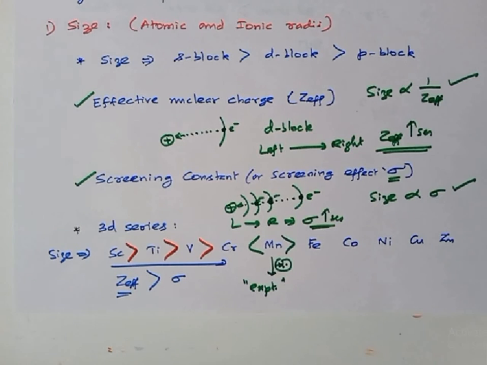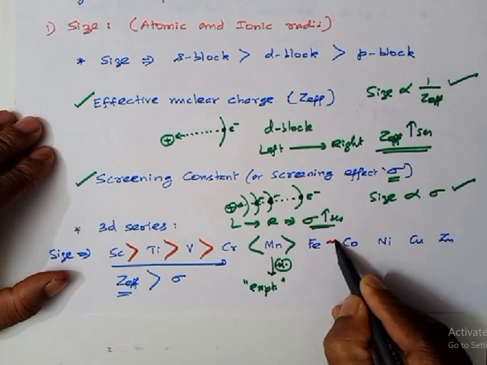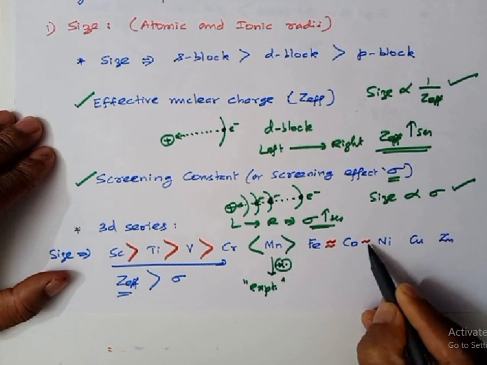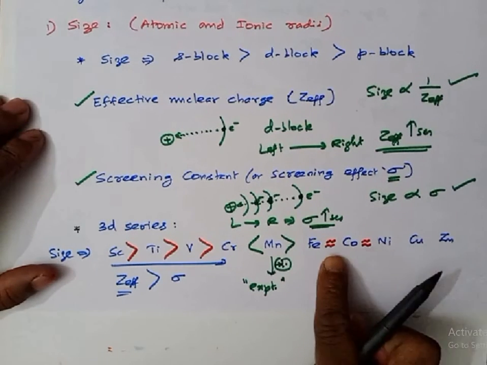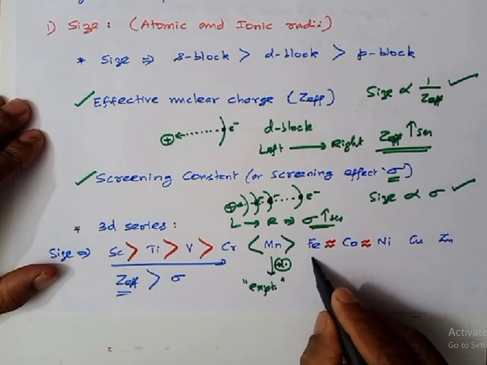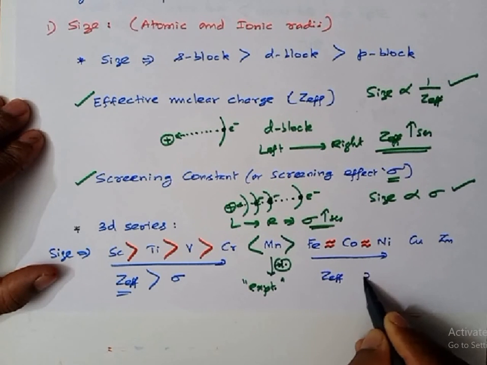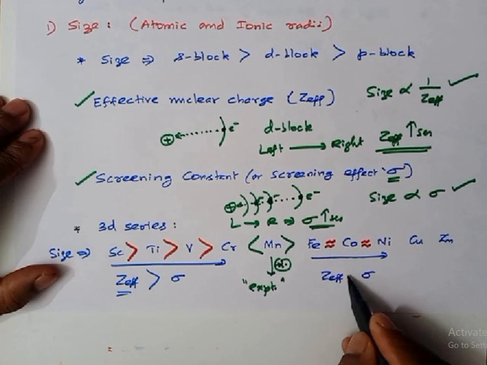After this, what will happen? The size of iron, cobalt, nickel are almost the same. What is the reason? Why is the size almost the same for these elements? The reason is that the increase in effective nuclear charge and the increase in screening constant are roughly equal.